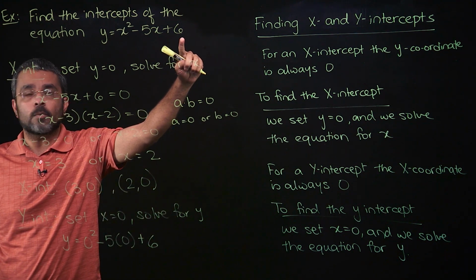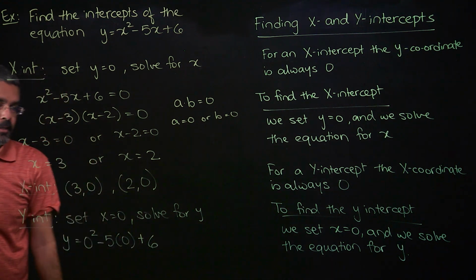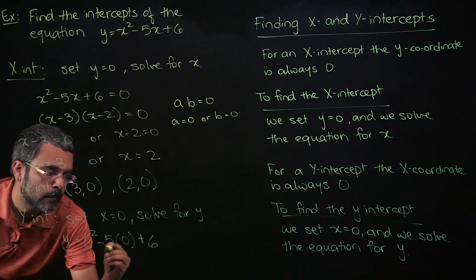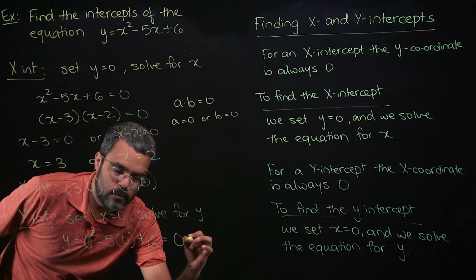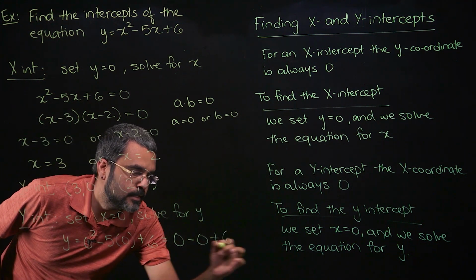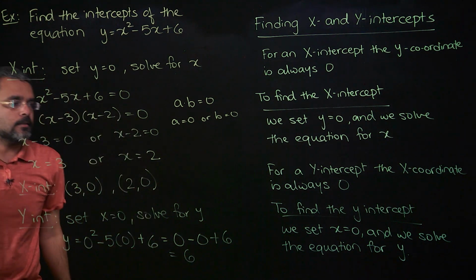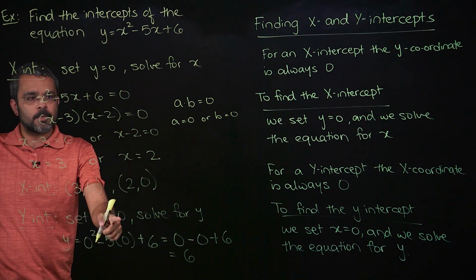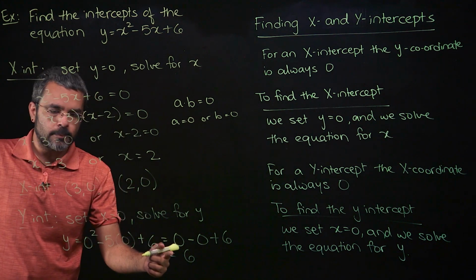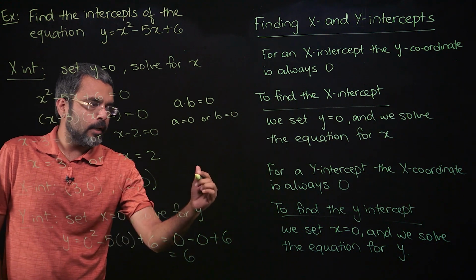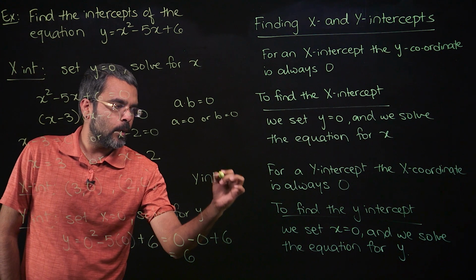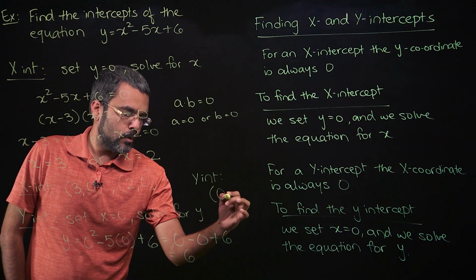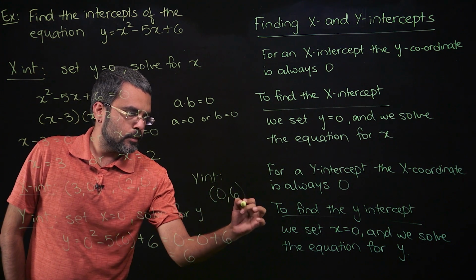So it's a constant. Constants will not change, right? So that's going to be 6. So 0 squared is 0. 5 times 0 is also 0 plus 6, and that gives me 6. Okay, so my y-intercept is 6. If I write that in terms of a coordinate point, my y-intercept is going to be 0, 6.